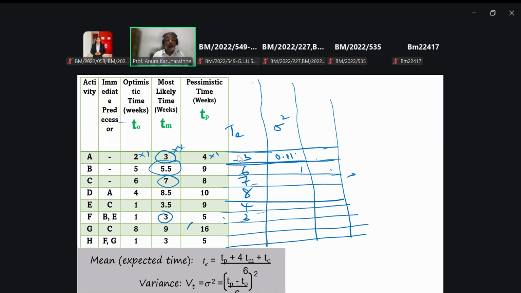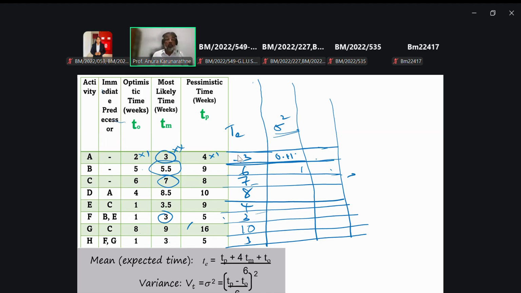Then 9 into 4, 36. 36 plus 4, 52, yeah, 60. 60 divided by 6 means 10. Right? Then again 3. So in this way, you can calculate the expected time. In addition to that, you can go to the variance, how to obtain the variance.